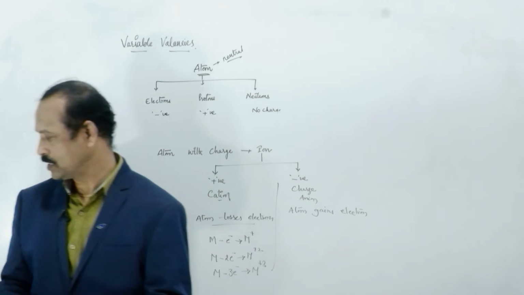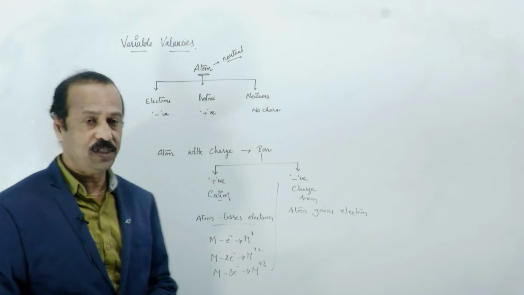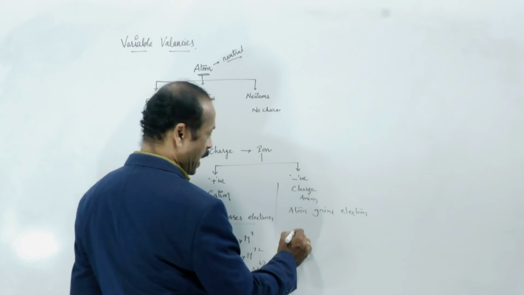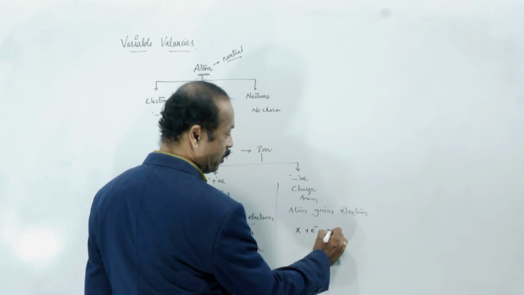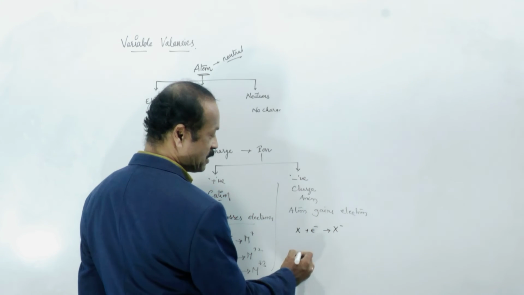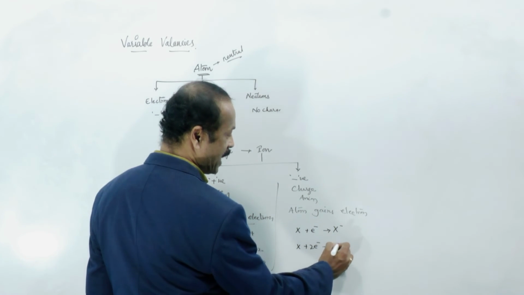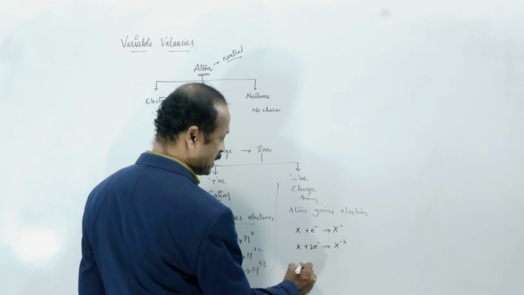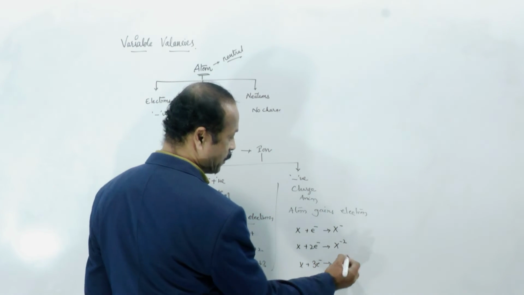How many electrons it loses, that much amount of positive charge it will get. Now here atom, for example taking X, if gaining 1 electron, it becomes X minus. If it is taking 2 electrons, it becomes X minus 2. If it is taking 3 electrons, it becomes X minus 3.